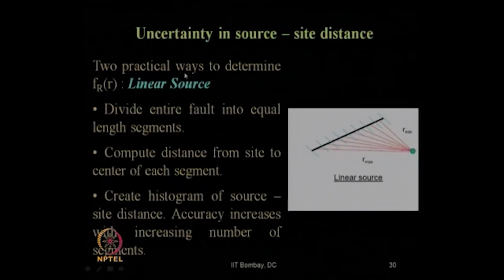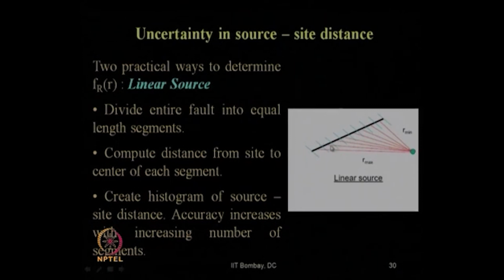Now, another way to divide the source, again for a linear source: instead of drawing concentric circles of equal radial increment, you can subdivide it into segments of equal length. That is also possible. So, divide the entire fault into equal length segments. Now compute the distance from the site to the center of each segment. In the same way, the distances from the center of each segment to the site are obtained.